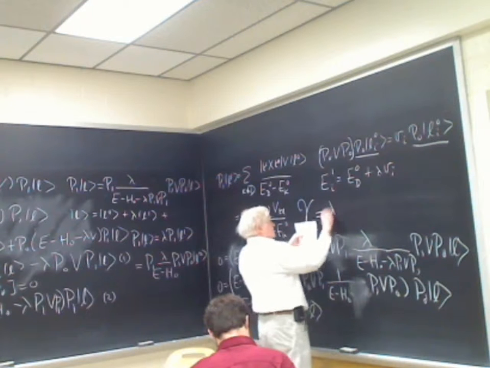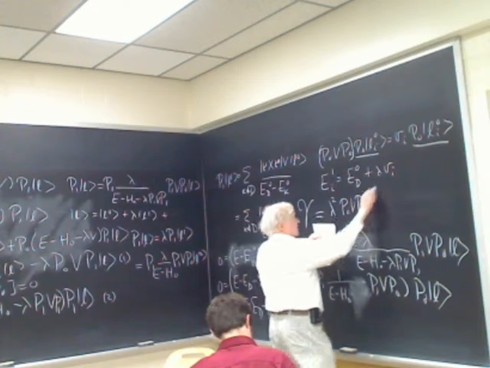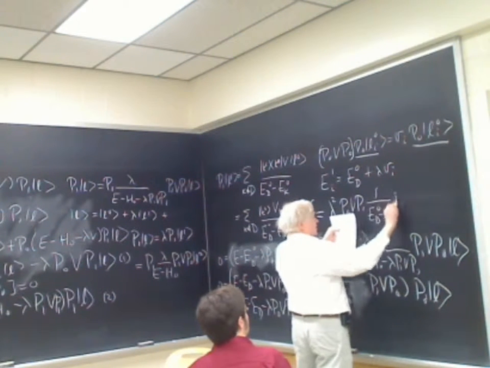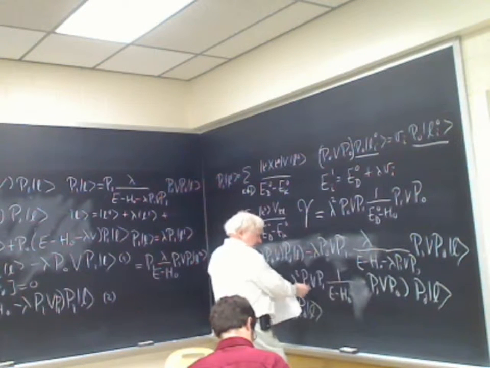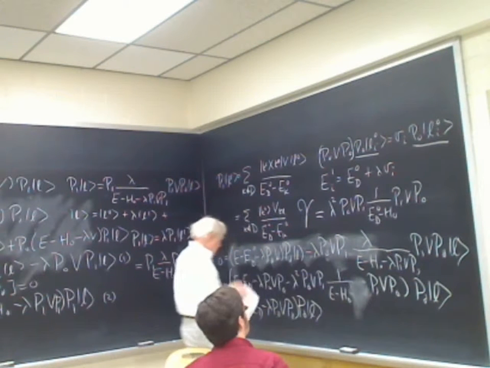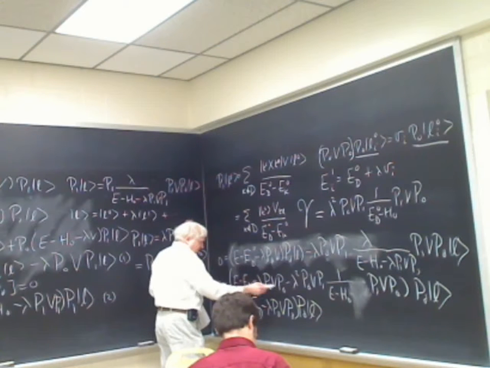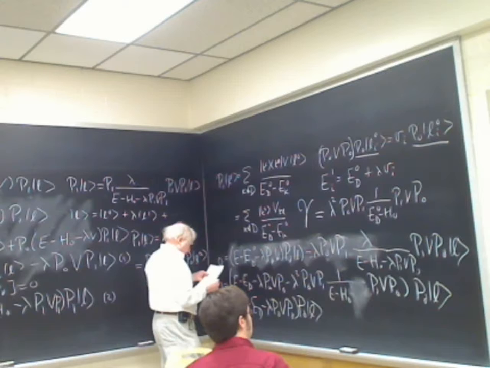This script V potential is going to be lambda squared P0 V P1 1 over ED0 minus H0 P1 V P0. So that's this structure here. And this thing is going to be E minus H0 effectively.